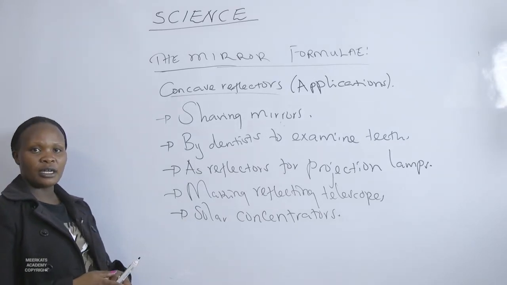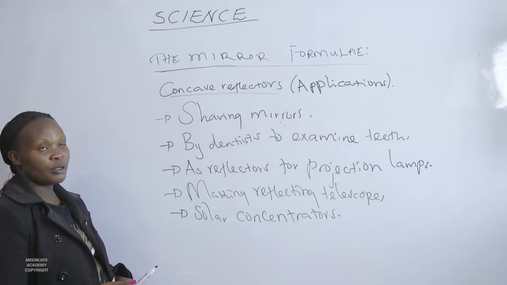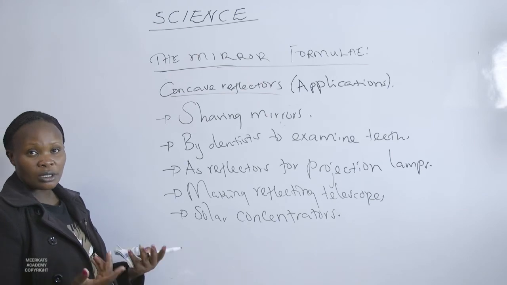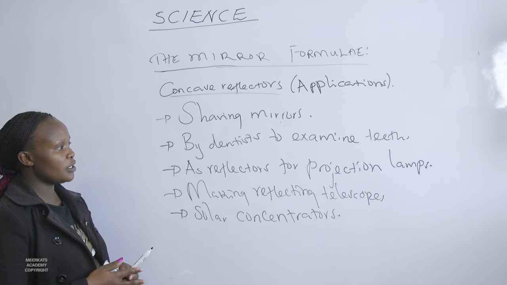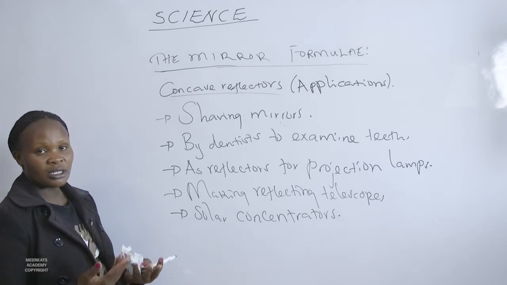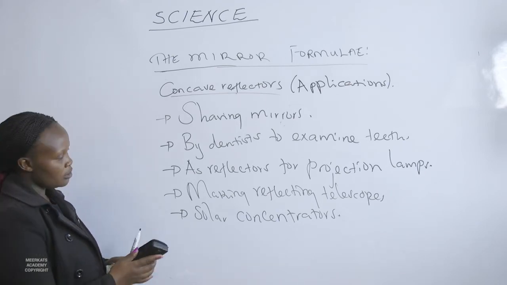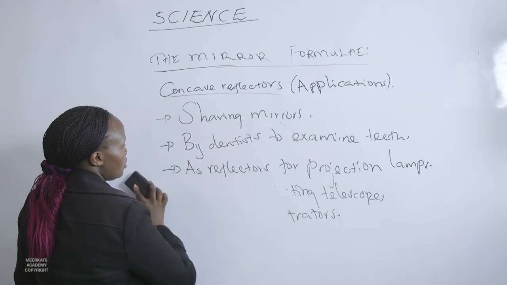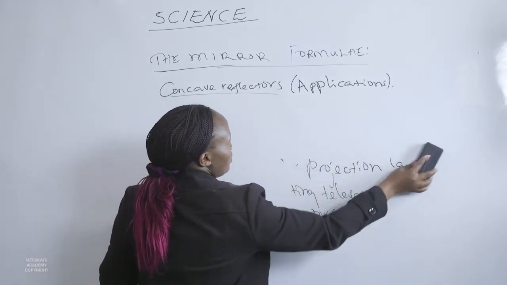So they have basically those 5 applications. You could use them as shaving mirrors, to examine your teeth, to make the reflectors for projection lamps, to make telescopes or even solar concentrators.